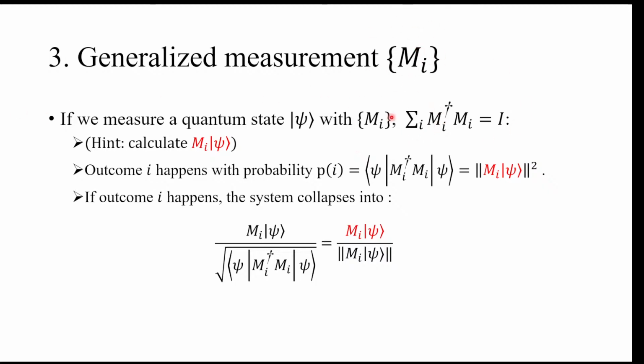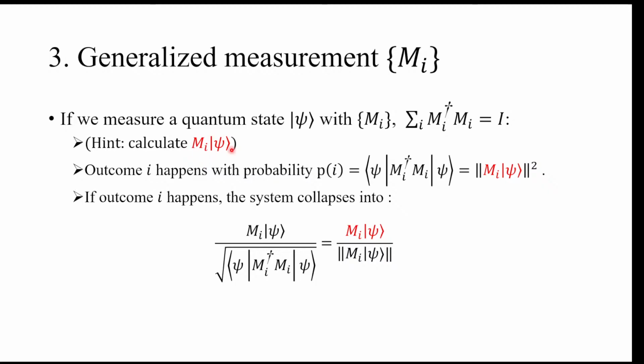They just need to satisfy this completeness relation: the summation of Mi dagger Mi equals the identity. And there are different outcomes indexed by i, and the hint here is you want to calculate the probability and the post-measurement state.